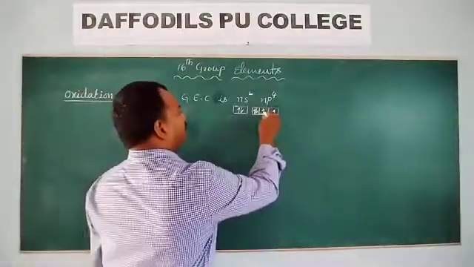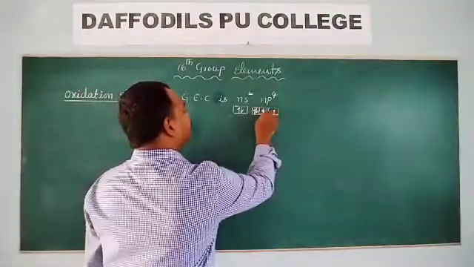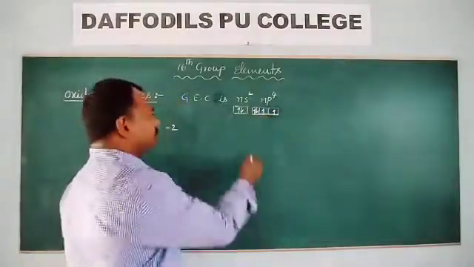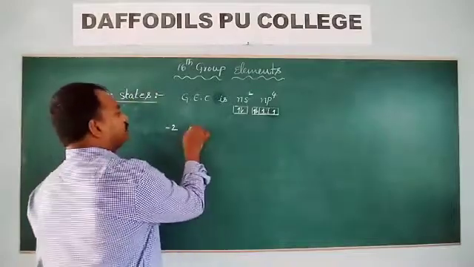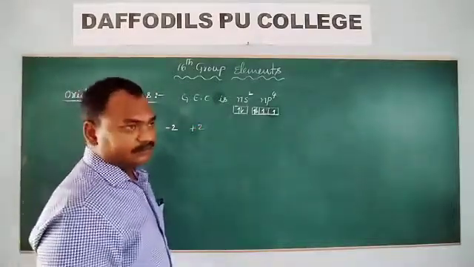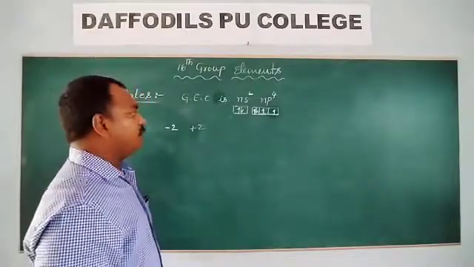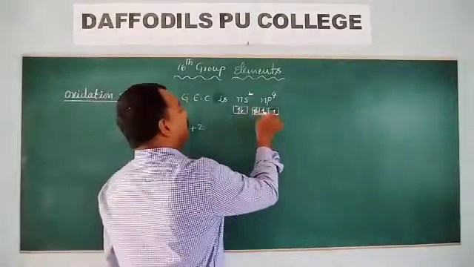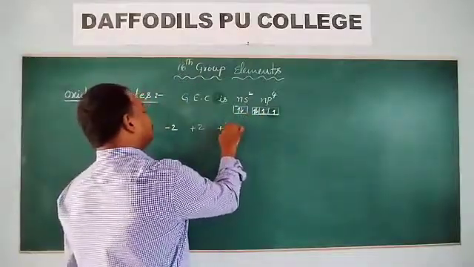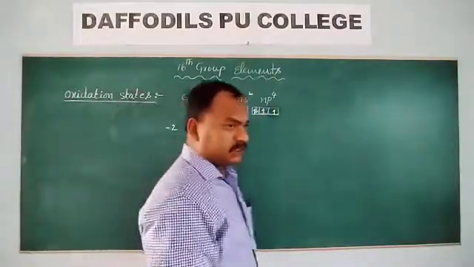During bond formation, if these 2 electrons are donated by this atom, then you get the oxidation state +2. If 6 electrons are involved, then you get the oxidation state +6.